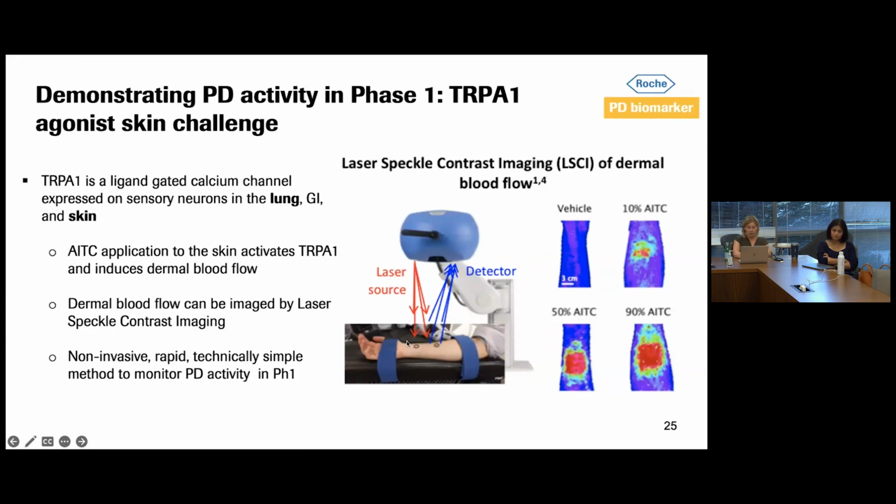Here you can see a picture of a volunteer where we put a little bit of the AITC. This is a way to stimulate the TRPA channel, and we use that to assess target engagement and pharmacological activity of our small molecule. This is a small molecule inhibitor.